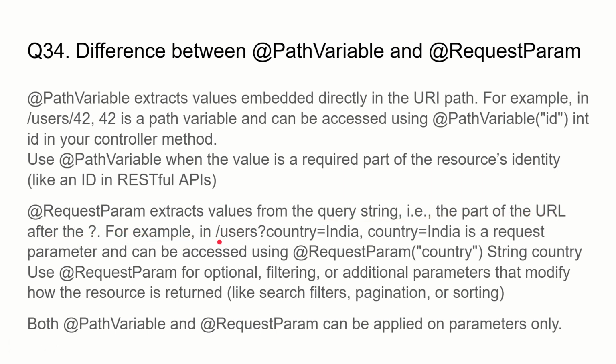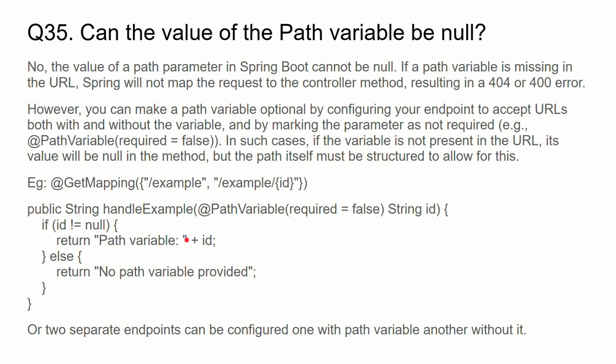For example, in /users?country=India, country=India is a request parameter and can be accessed using @RequestParam String country. Both PathVariable and RequestParam can be applied only on parameters.